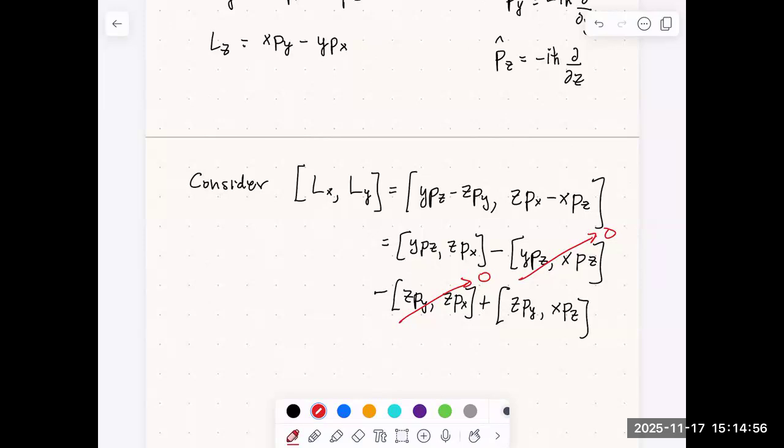What is going to happen is that we're going to find that, in fact, this commutator is not equal to 0. And that means I'm not going to be able to simultaneously know the x and y components of the angular momentum. So that's going to be one of the consequences. And then we're going to explore the properties of angular momentum in that way.